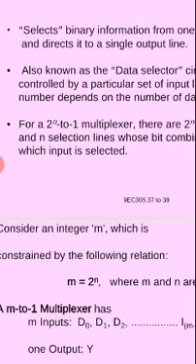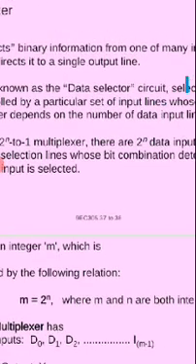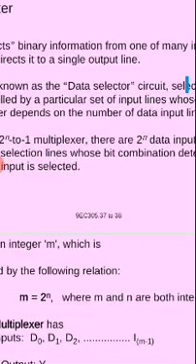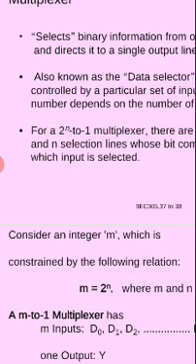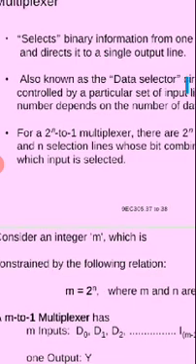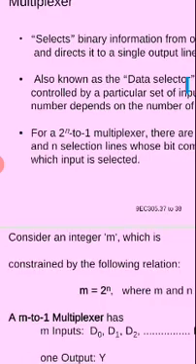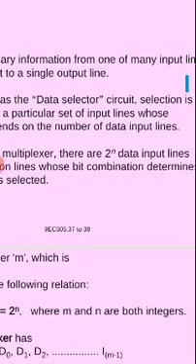The multiplexer is also known as the data selector circuit. Selection is controlled by a particular set of input lines whose number depends on the number of data input lines.